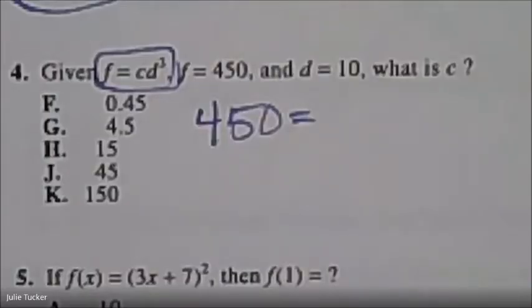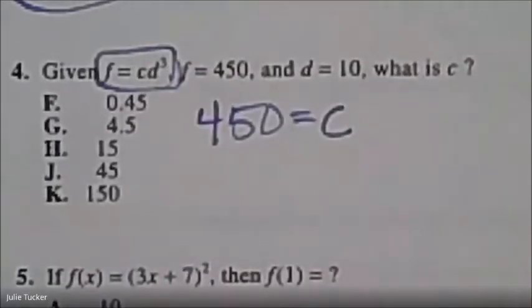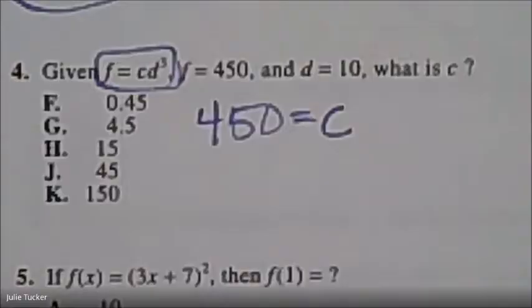Do I have a number for C? No. Okay, so I just have to write C. Then what do I write? You make that an X. Make the C an X? Yeah. Okay.